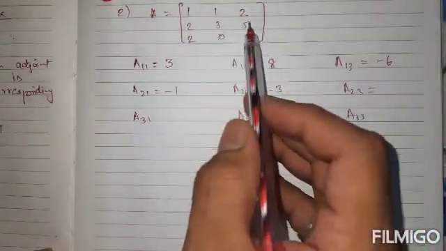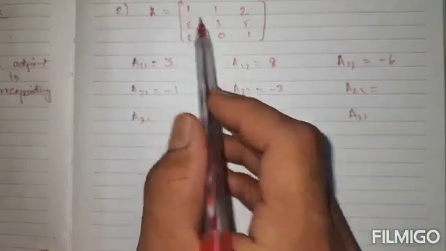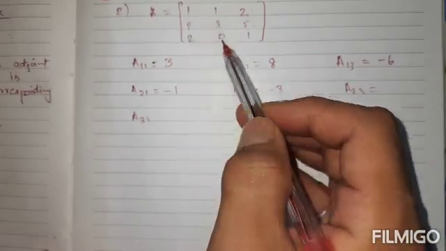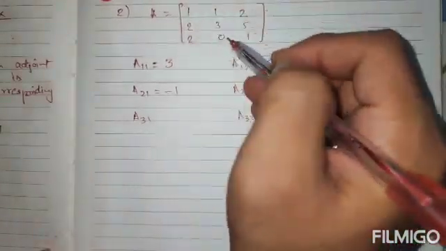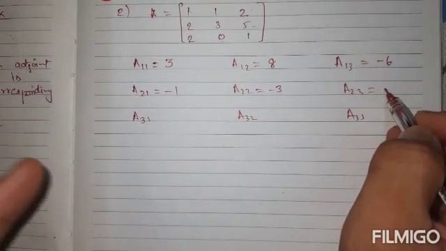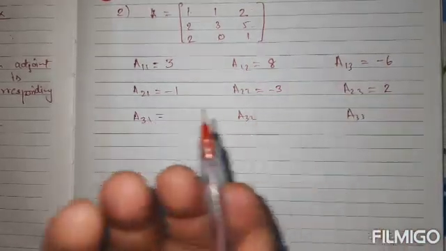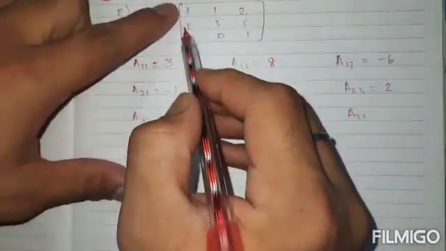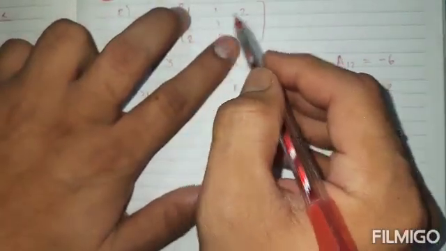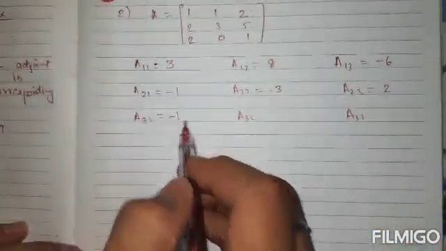For A23, ignoring these, we have 1 into 0, 0, minus 2. So 0 minus 2 is -2, but being an odd position, it will be minus of -2, which becomes +2. Now A31: ignore these rows and column, we have 1 into 5, 5 minus 6, this is -1.